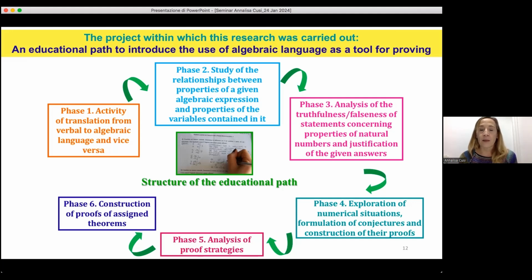The fifth phase was devoted to the analysis of proof strategies constructed by other students, of other classes, for example. And the sixth phase was a phase of consolidation of all the competencies developed through the path, through the construction of proofs of assigned theorems.